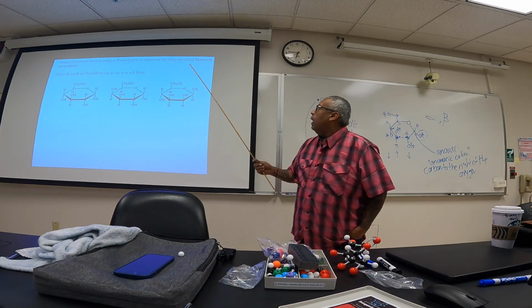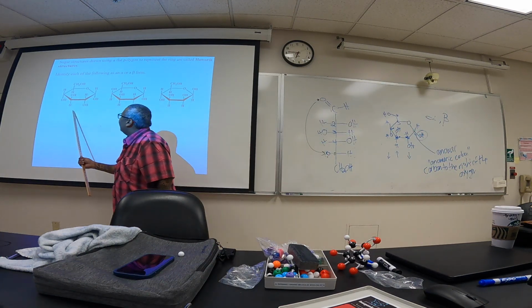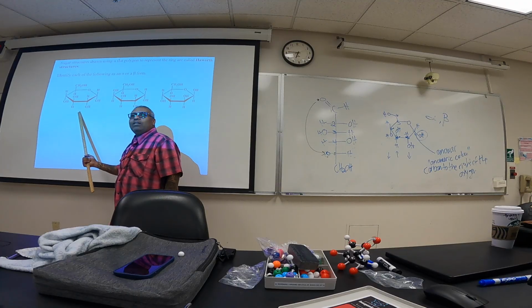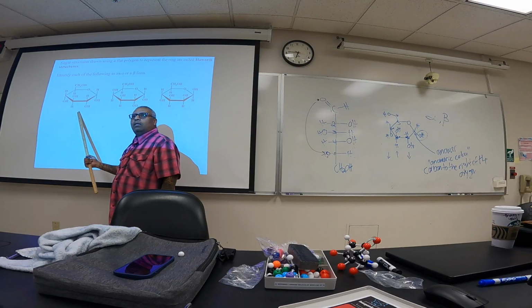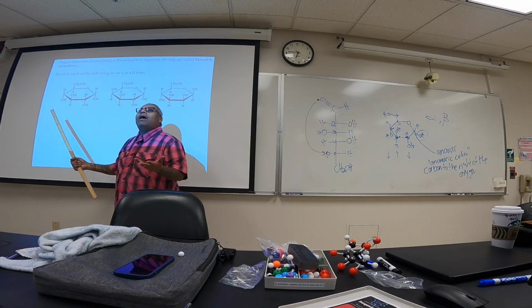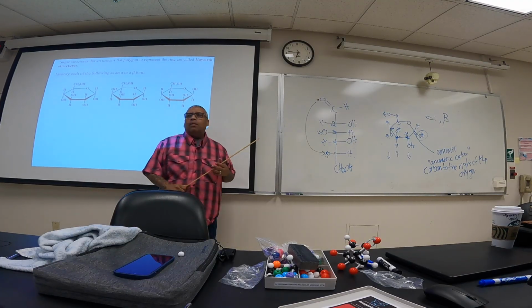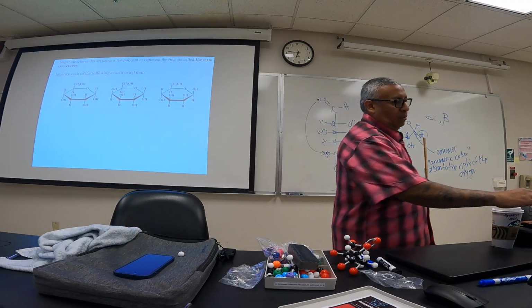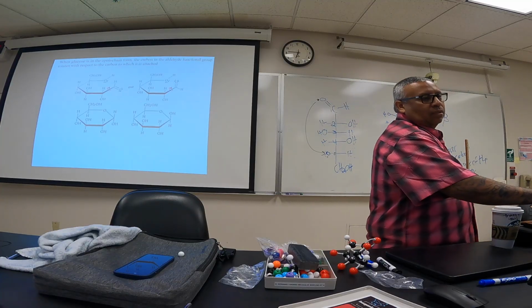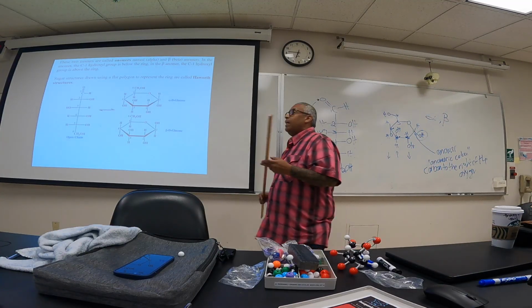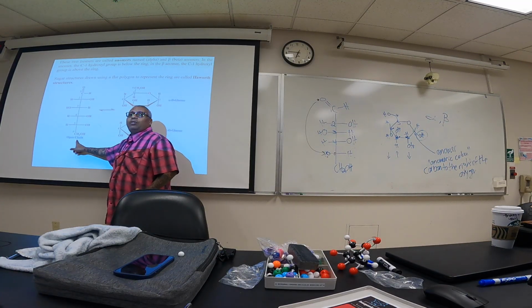Oh, real quick. Is this D or L? Nobody knows. How do we determine D and L isomers? It depends on whether the hydroxyl is on the left, and we need the Fischer projection for that.